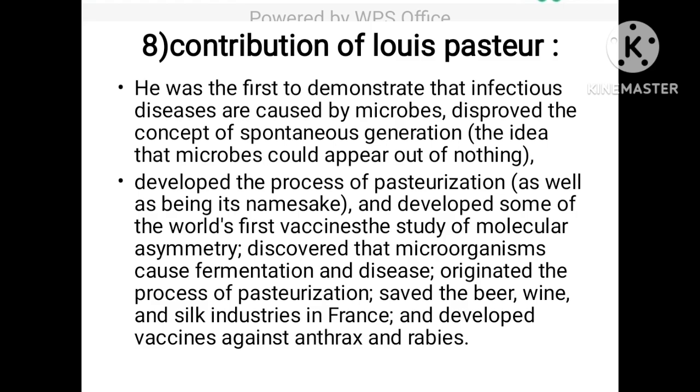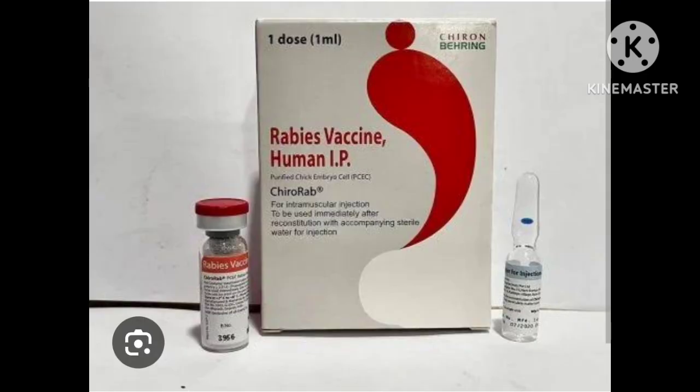He developed some of the world's first vaccinations, and he studied the molecular level and discovered microorganisms as the cause of disease. He originated the process of pasteurization, which saved the beer, wine and silk industries, and also developed vaccines against anthrax and rabies, meaning Rabipur.